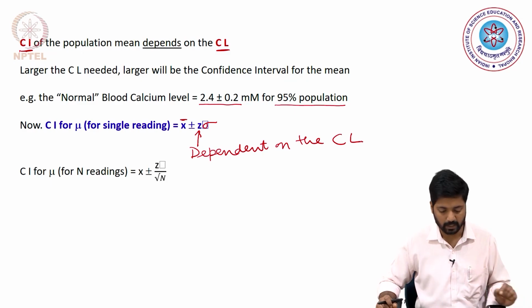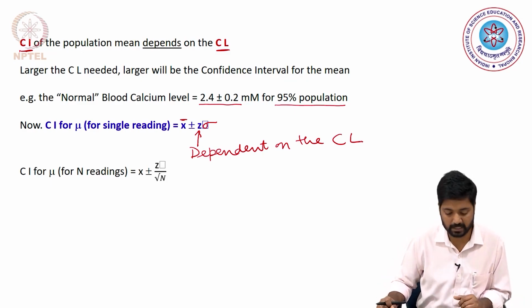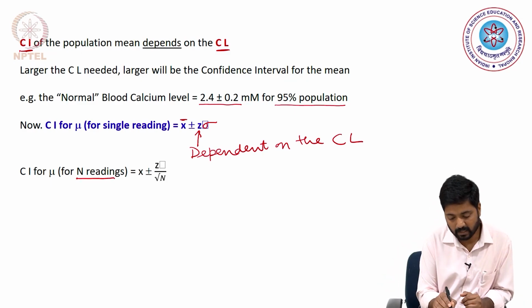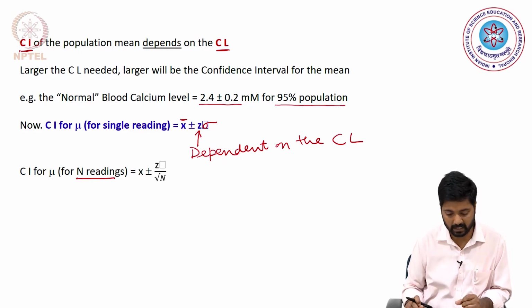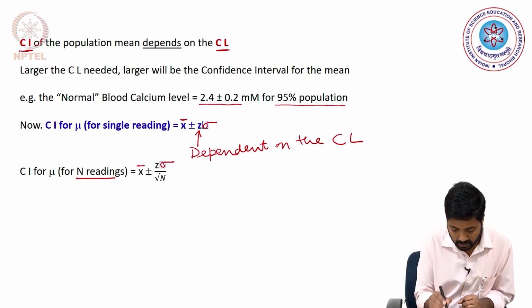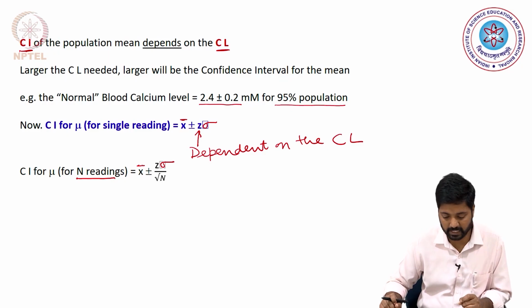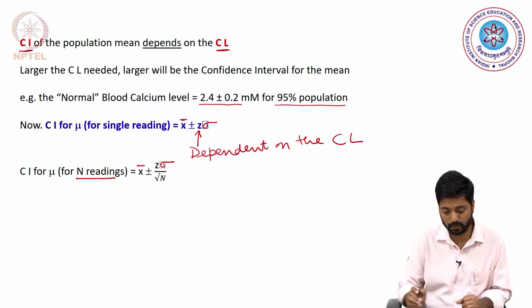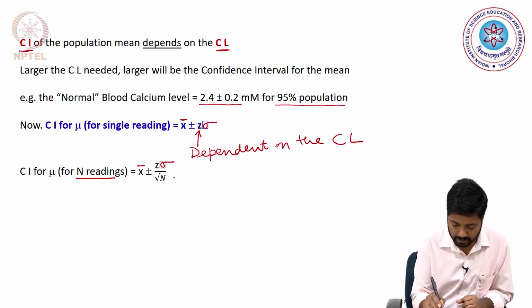Now, if the measurement is done for n multiple readings, then the confidence interval can be reported as x bar, which is the mean value of these readings, plus minus z sigma by root n, where n denotes the number of readings being undertaken.